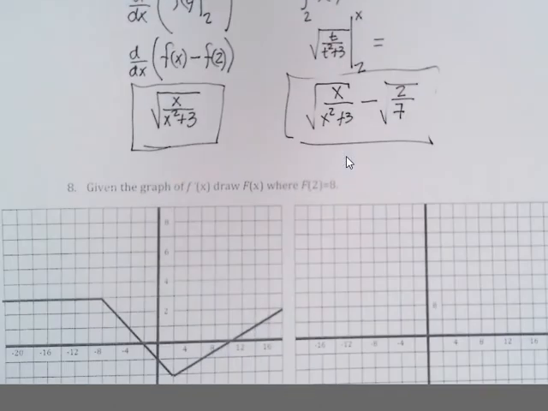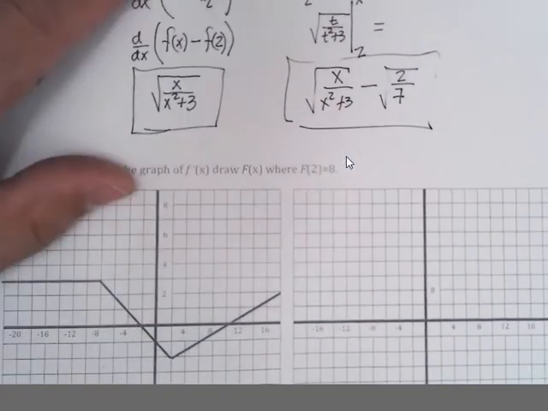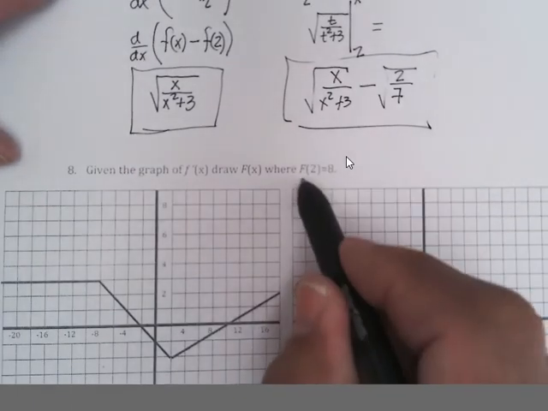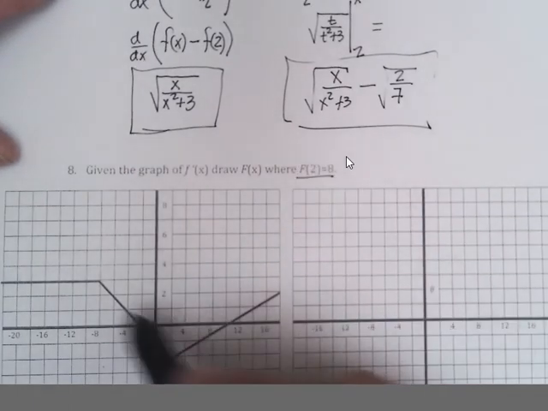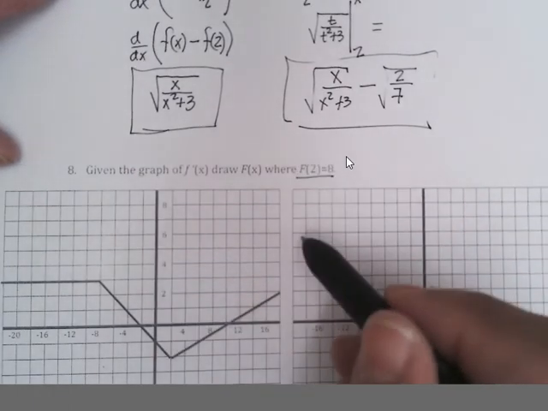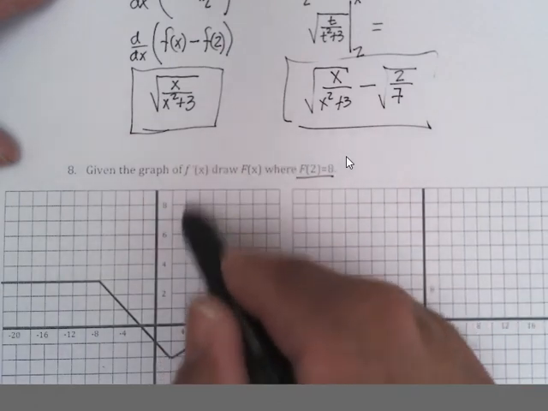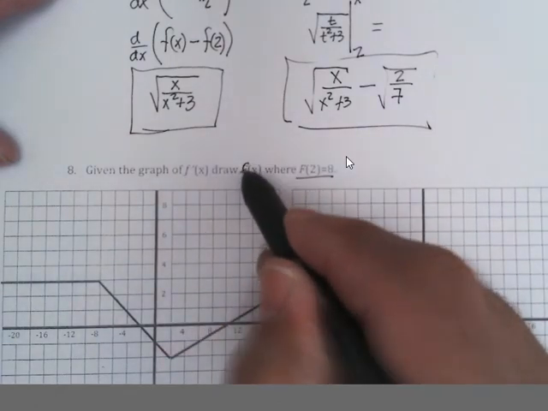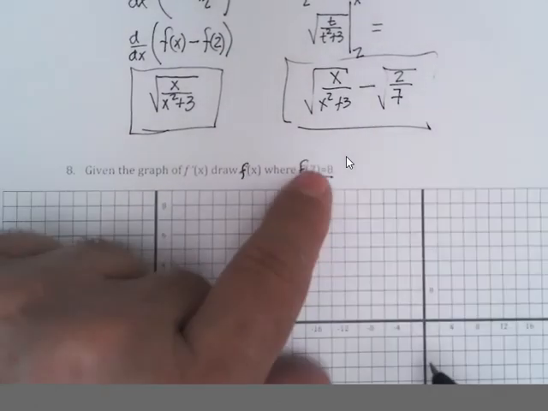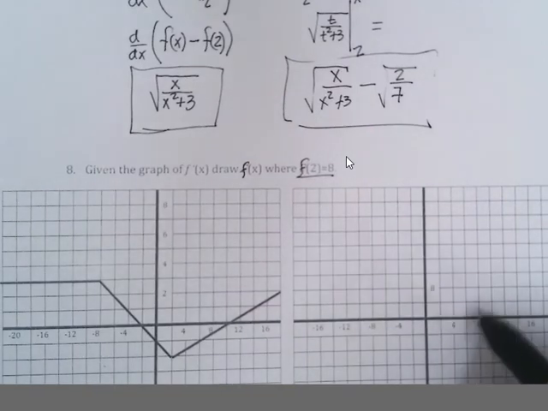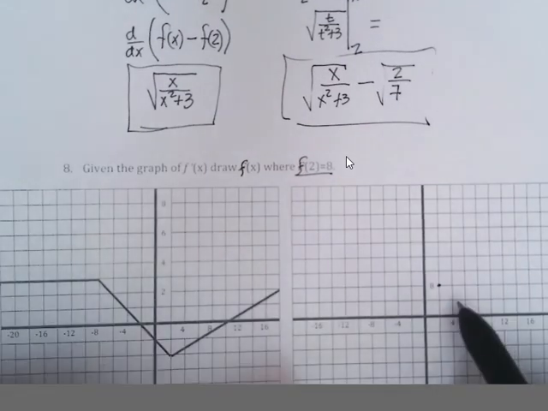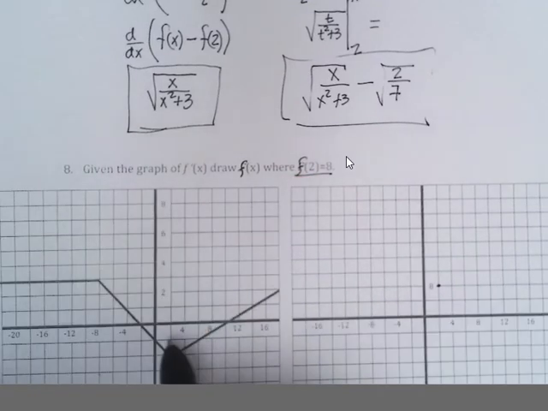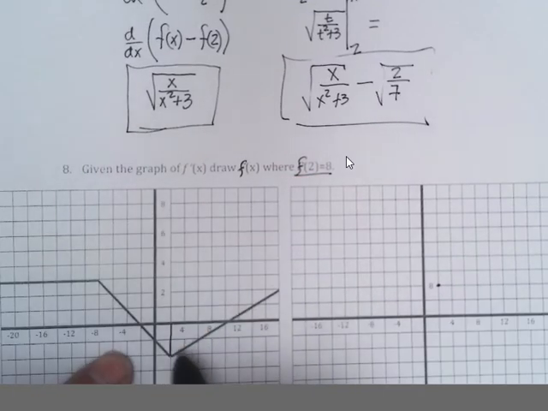And now the final problem. Okay, so I said f, capital F, the antiderivative, this is the derivative, so here's the capital. I shouldn't have said, this should have been F and f. F of 2 is 8. So here's 2, here's 8. And then I'm going to find the area under here.